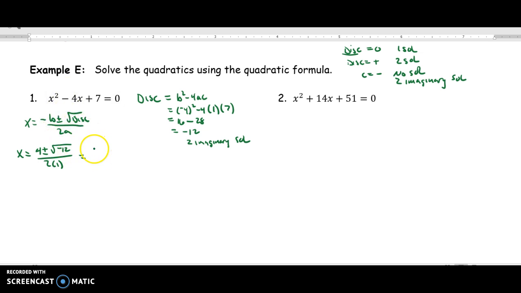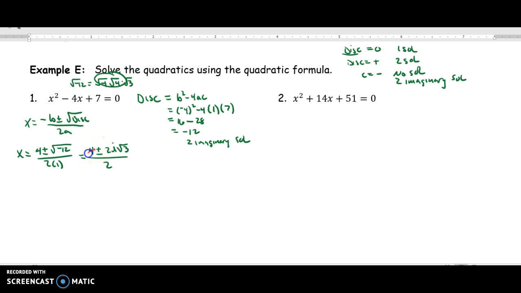When we simplify, it's the square root of negative 1 times the square root of 4 times the square root of 3. That will become 4 plus or minus 2i root 3 all over 2.